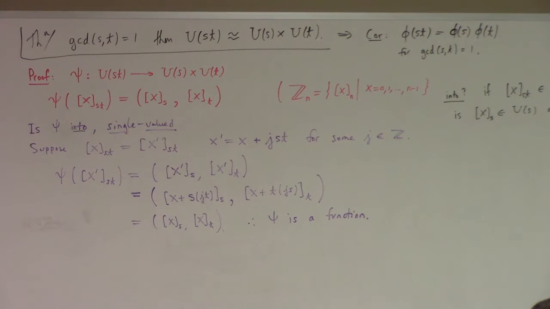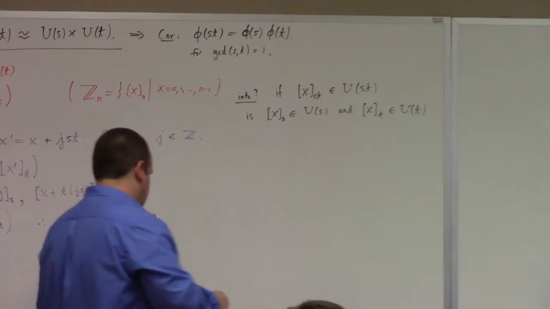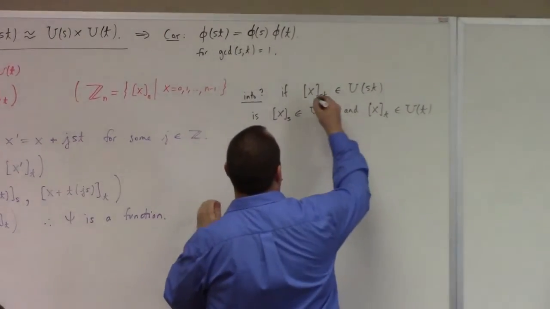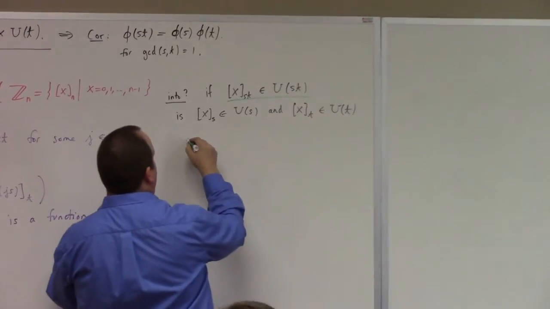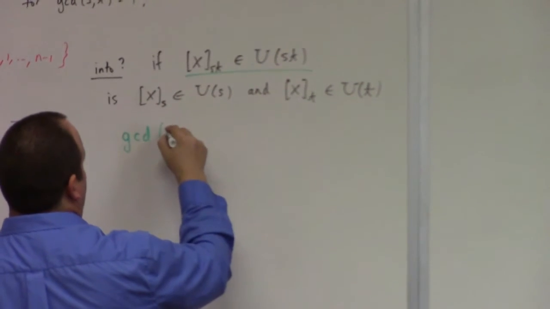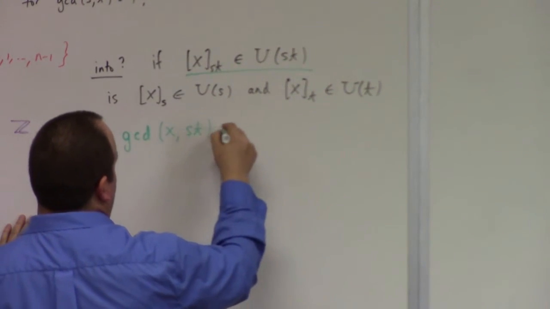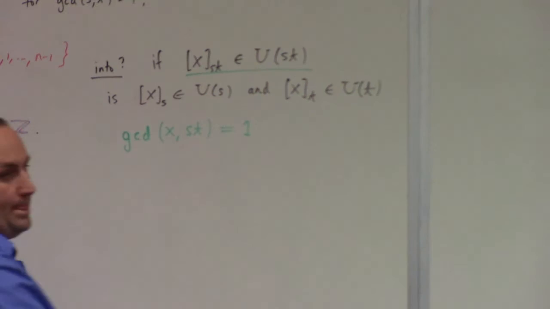All right, so what does it mean? So let's look at it. This means that the greatest common divisor of x and st is equal to 1, right? But going back to Bezout, what do we know?